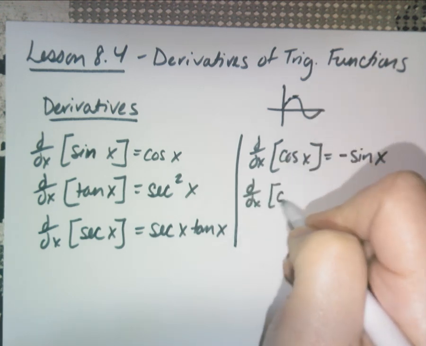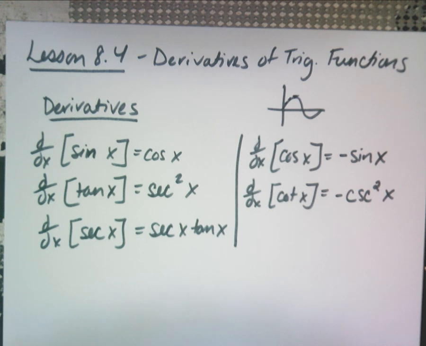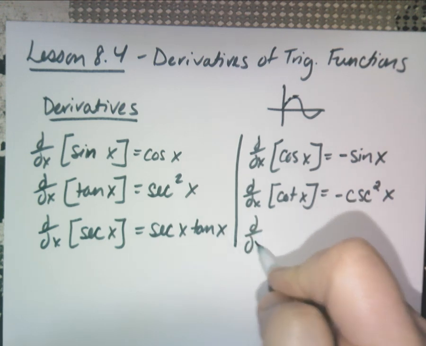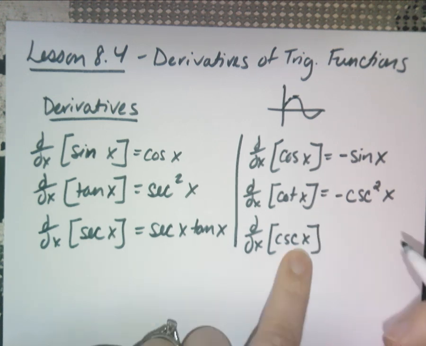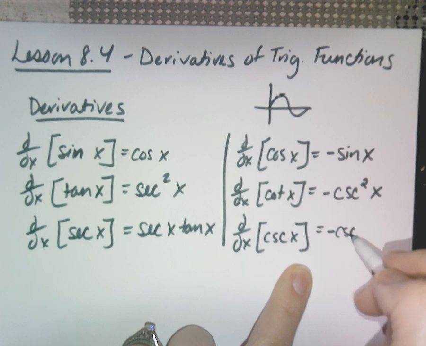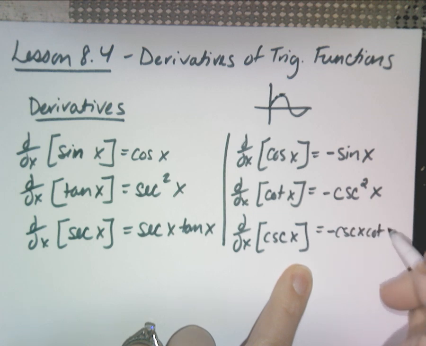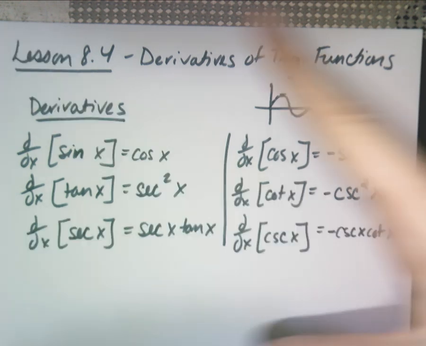The derivative of cotangent x is negative cosecant squared x. And then the last one we'll be concerning ourselves with today is the derivative of cosecant, which is negative cosecant x cotangent x.